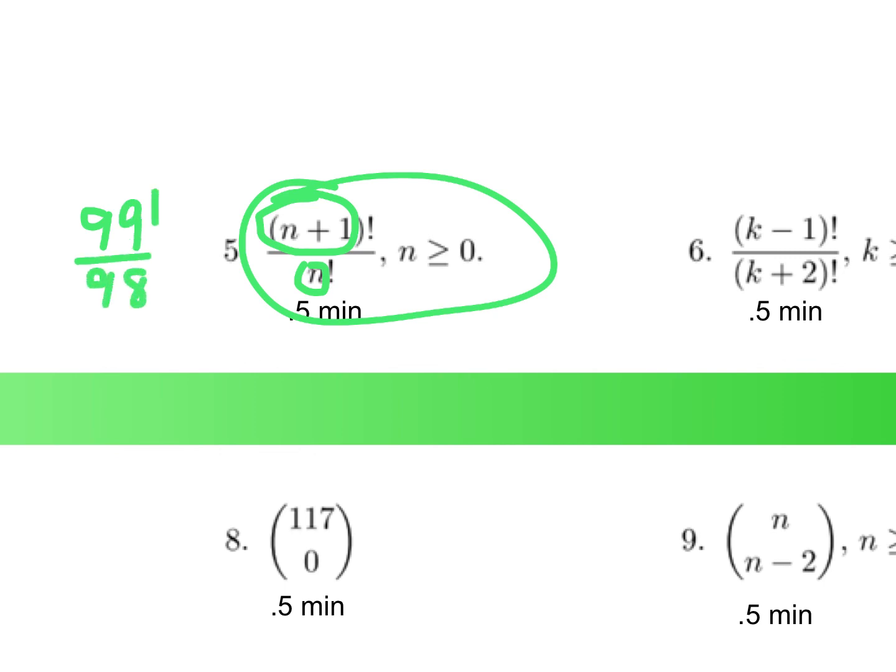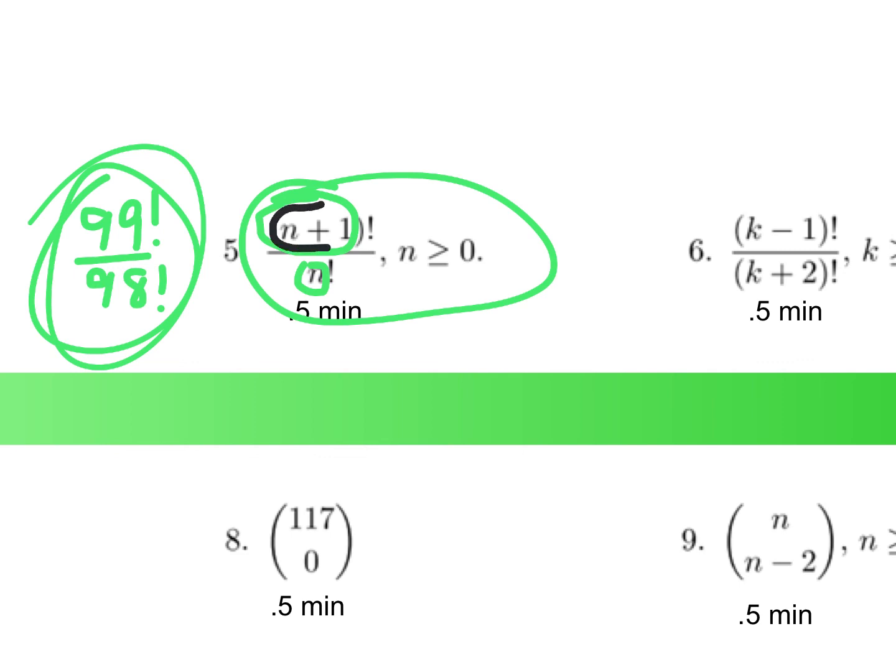If it had been 99 factorial over 98 factorial, can you figure out what the answer would be? Come on, if it had been 99 over 98, it would be 99, wouldn't it? So isn't that the original starting number? So if this is 1 bigger than that is, then the answer would just be n. That equals n.